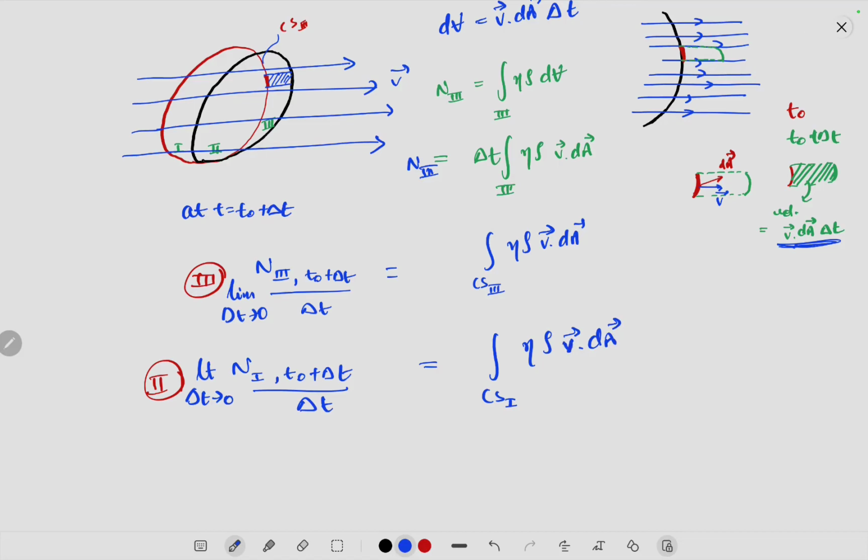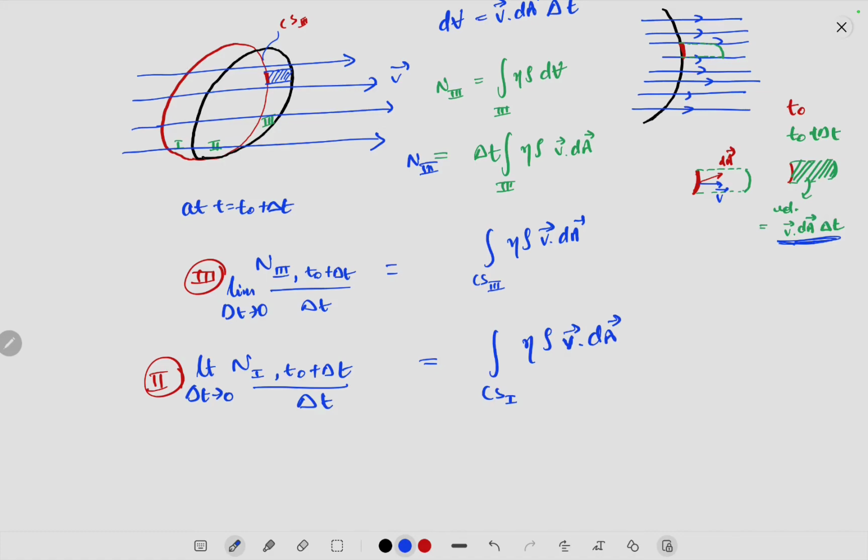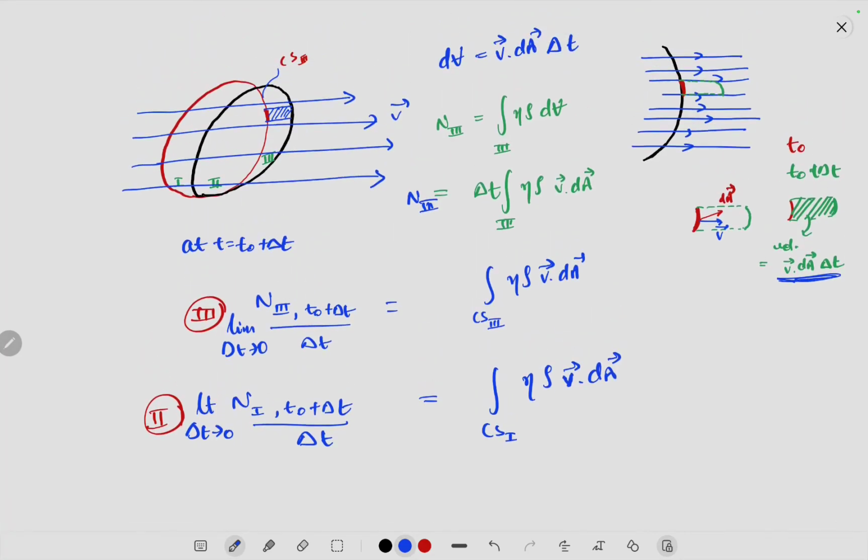Now if you think carefully, we have made one small mistake in this derivation. The mistake is of this sign convention. From the start of this problem, we have considered that the particles in 3 have moved from this control volume outside.